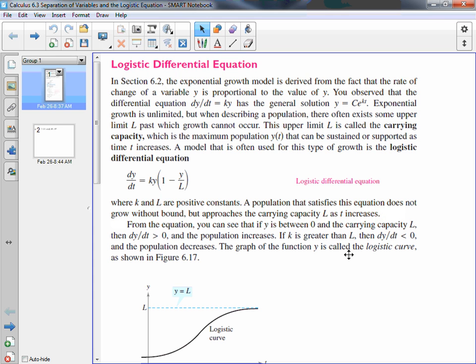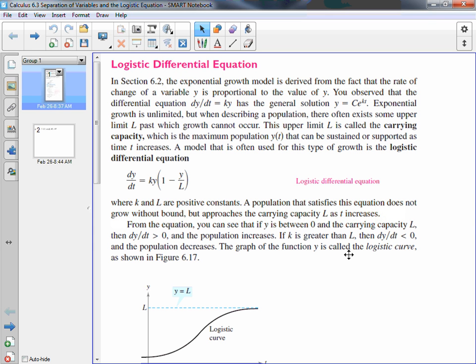But when describing a population, there often exists some upper limit L past which growth cannot occur. This upper limit is called the carrying capacity, which is the maximum population, y(t), as the population is a function of time, that can be sustained or supported as time increases.